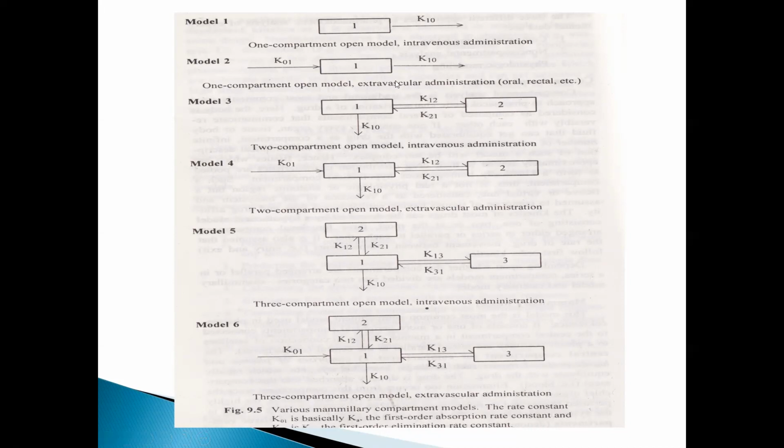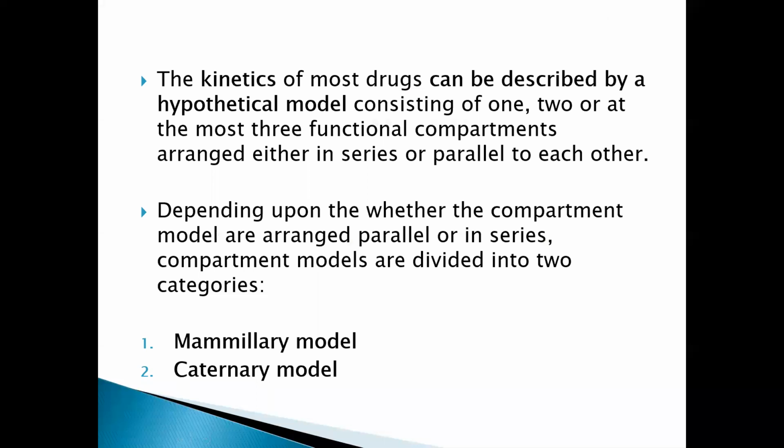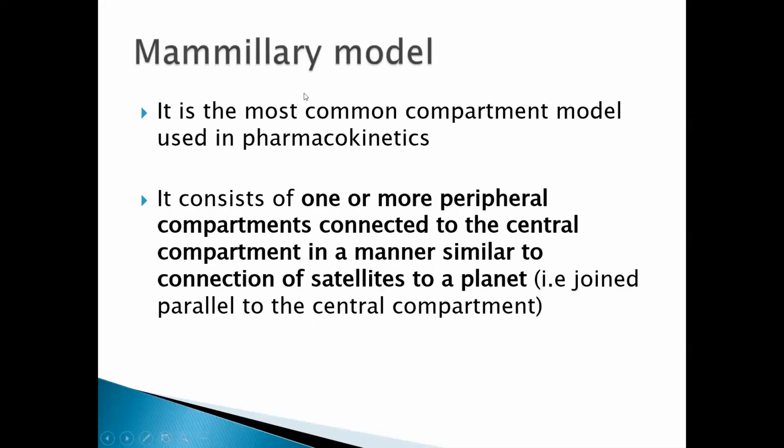Okay, that's the description given here. The mammillary model is the most common compartment model used in pharmacokinetics. It consists of one or more peripheral compartments connected to the central compartment in a manner similar to the connection of satellites to a planet.